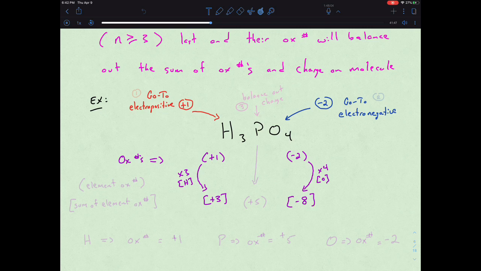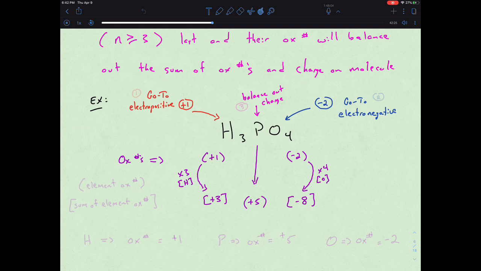And then we're saving the phosphorus to balance out our charge. So we have a total of -8 on our oxygen side and a total of +3 on our hydrogen side. And so that means the oxidation number for the phosphorus is +5.